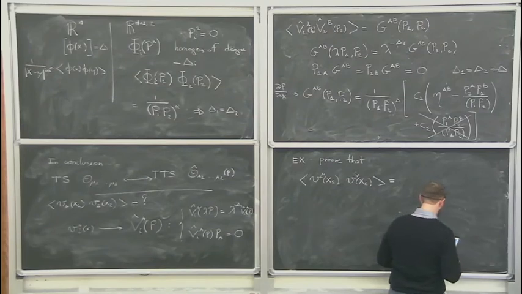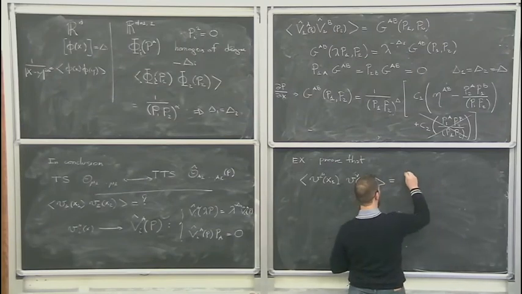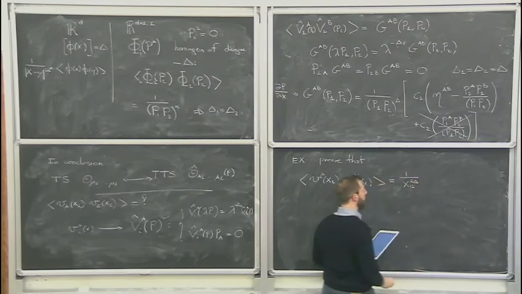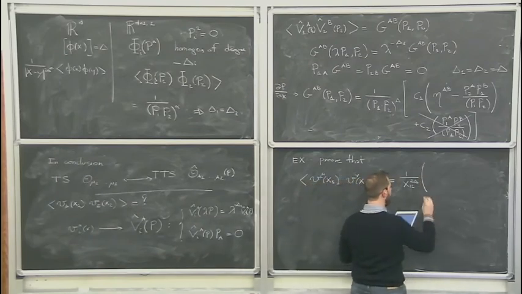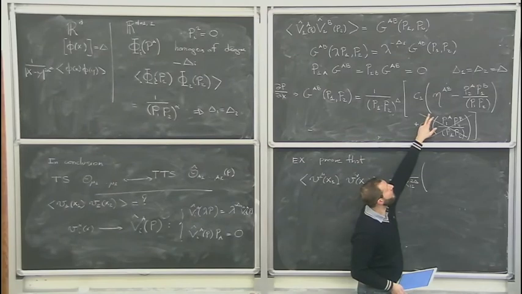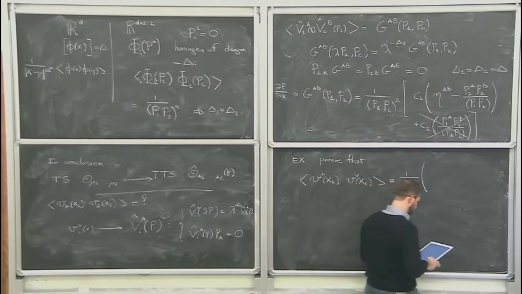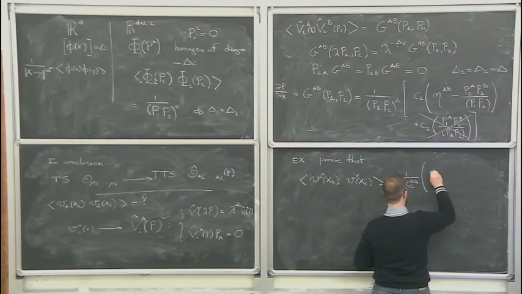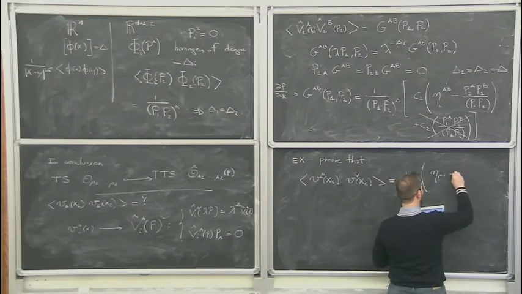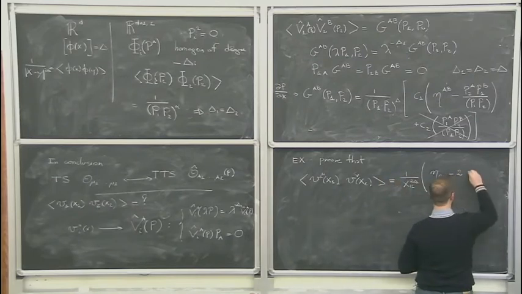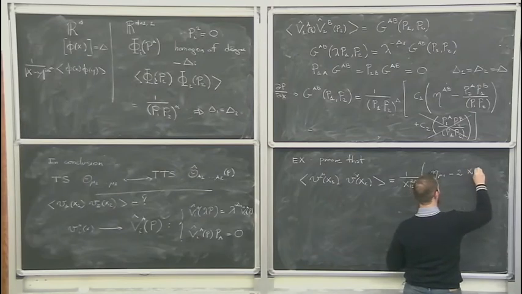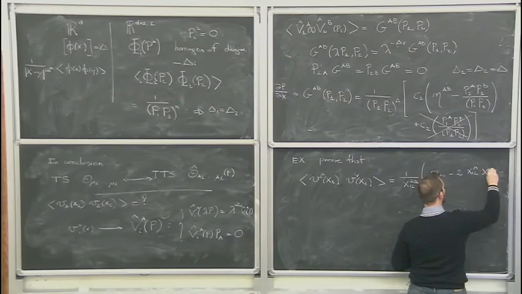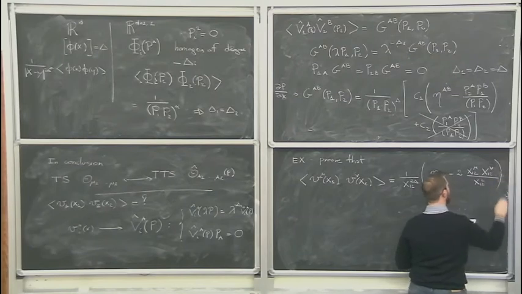This will be 1 over x12 to the 2 delta, where delta is the dimension of v, times a tensor, which is the projection of this tensor down to d dimensions, and it looks something like this: eta_mu nu minus 2 x12_mu x12_nu divided by x12 squared.